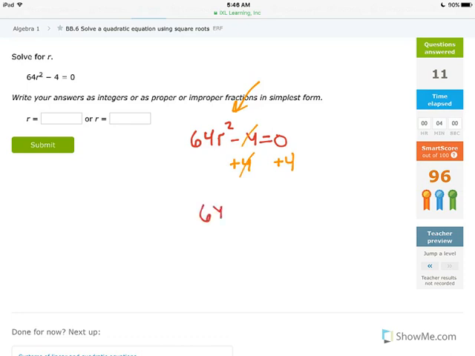And 64r squared is on the left, equals 0 plus 4 on the right would be 4. And then we want to divide both sides by 64. So we end up with r squared equals 4 over 64.